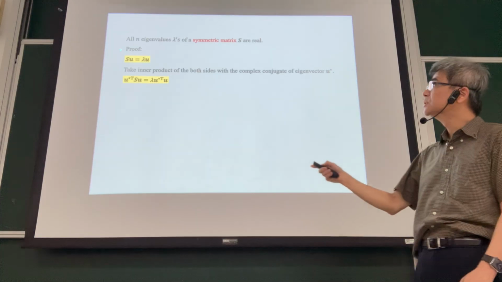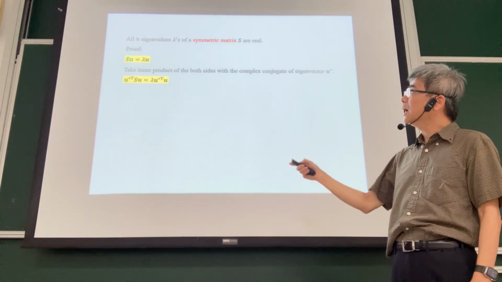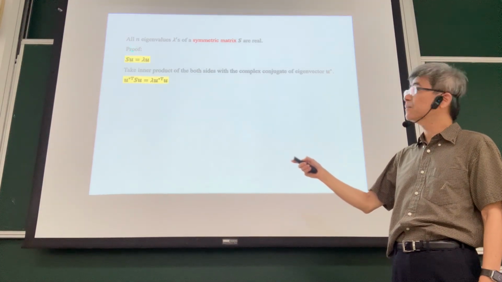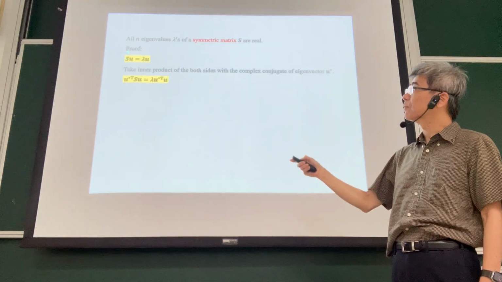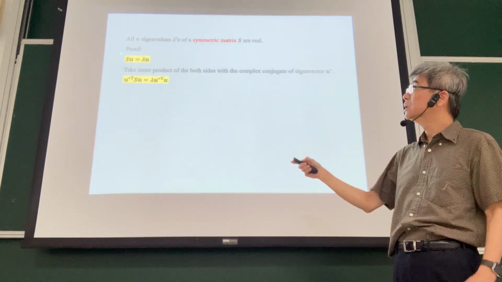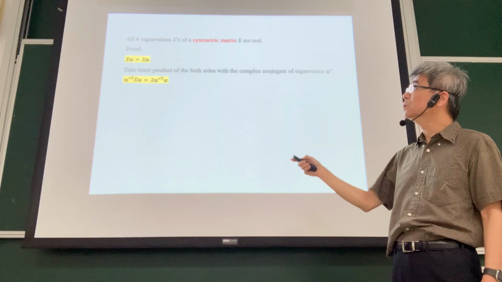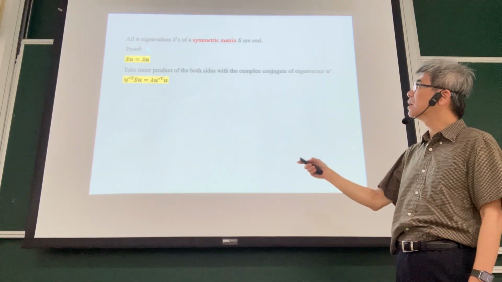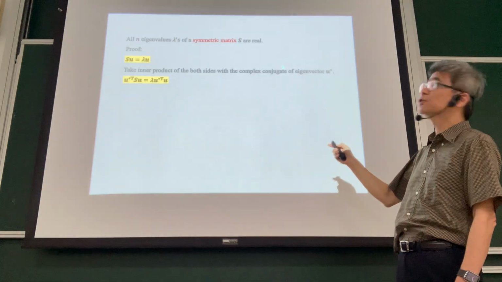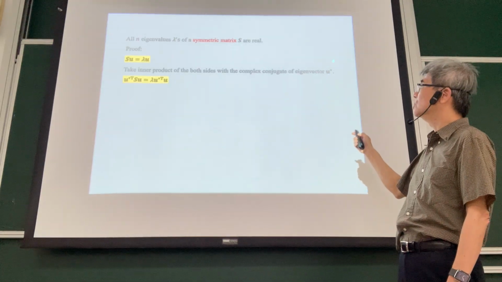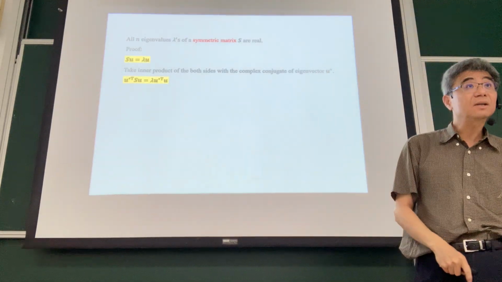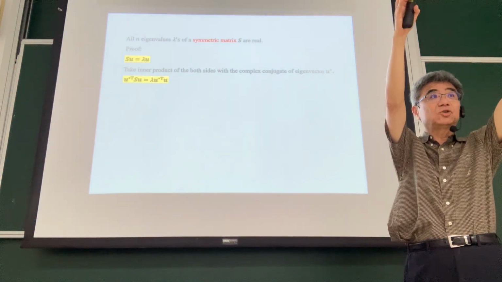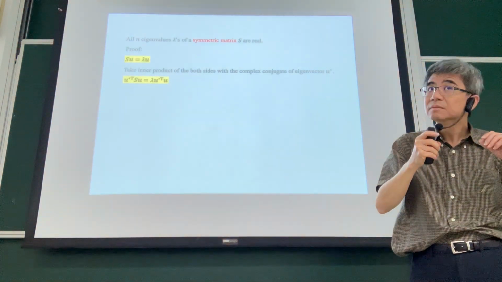The proof. First, S, the eigenvalue satisfy this equation. Of course, that's the master equation. So S times U equals lambda times U. Now, I take an inner product of both sides with the complex conjugate of the eigenvector, U star. By complex conjugate, I mean I take the complex conjugate of each element.